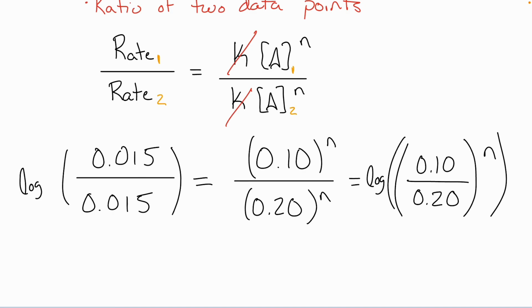First of all, I think we can do this without a calculator. What is 0.015 divided by 0.015? 1, right? So on the one side, I get the log of 1 is equal to the log of 0.1 divided by 0.2, or 1/2. What am I doing?